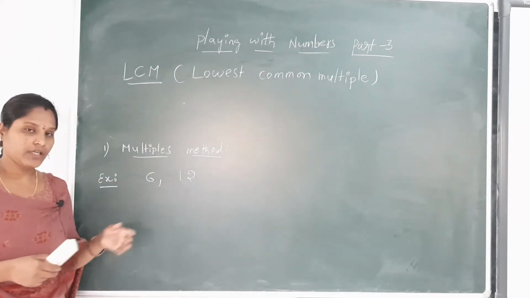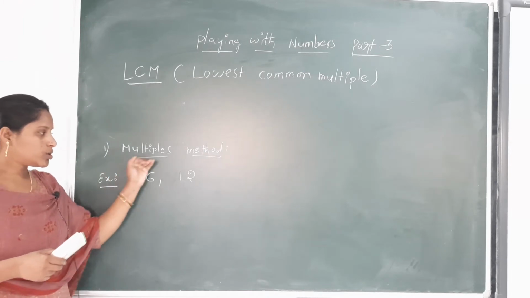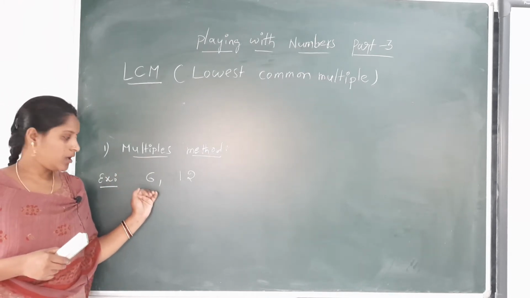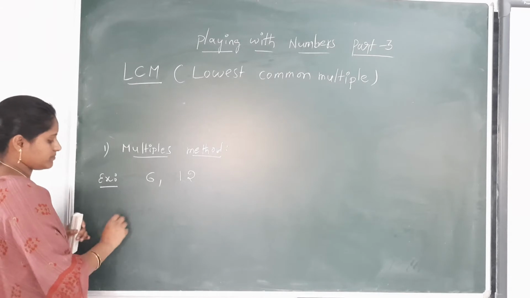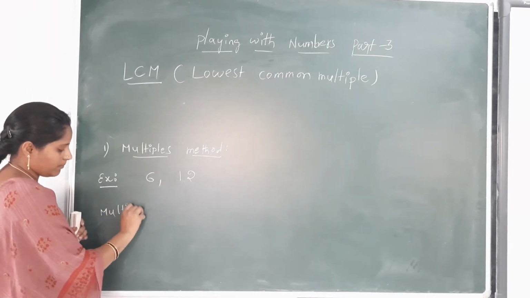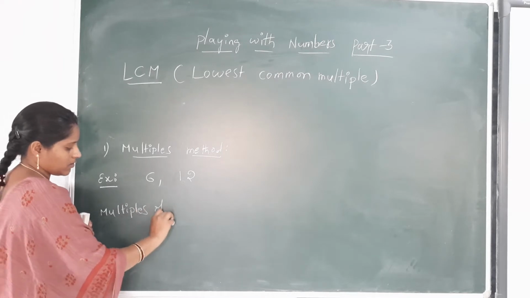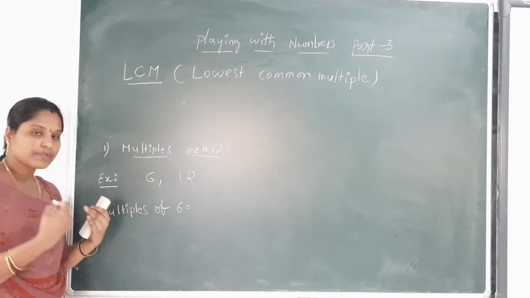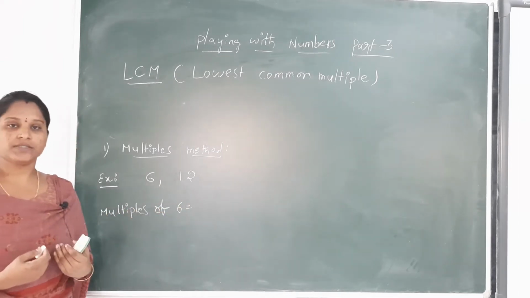Here I have taken two numbers. Now we are going to find the LCM by the multiples method. First, find the multiples of 6. Multiples of 6 means the 6 table.